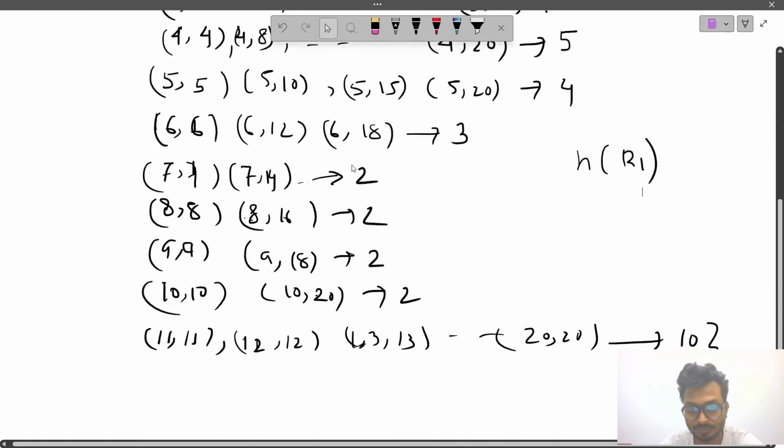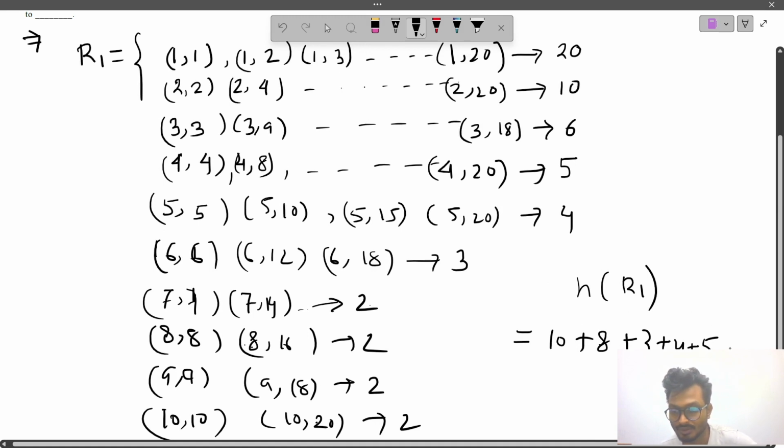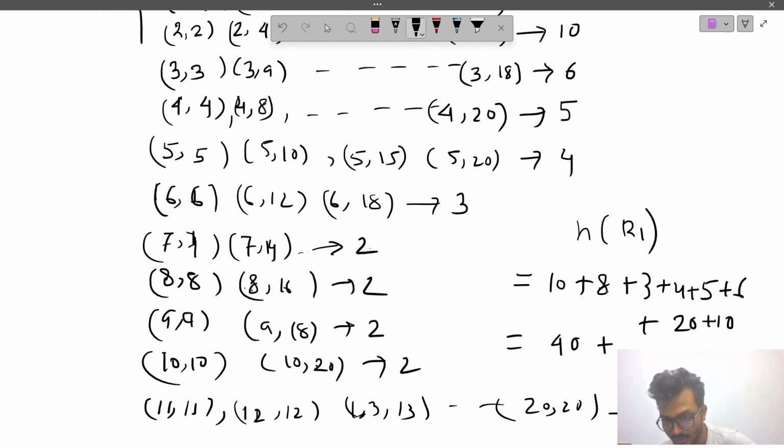The number of terms in R1 will be, first 20 plus 10, plus 6, plus 5, plus 4, plus 3, plus 2 plus 2 plus 2, plus 10. So how much is this? 20 plus 10 is 30, 30 plus 6 is 36, plus 5 is 41, plus 4 is 45, plus 3 is 48, plus 6 is 54, plus 10 is 64... So the number of elements in R1 is 66.